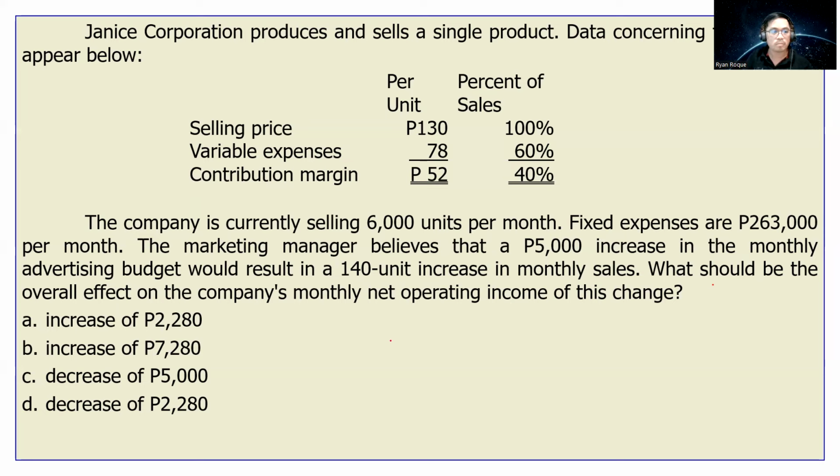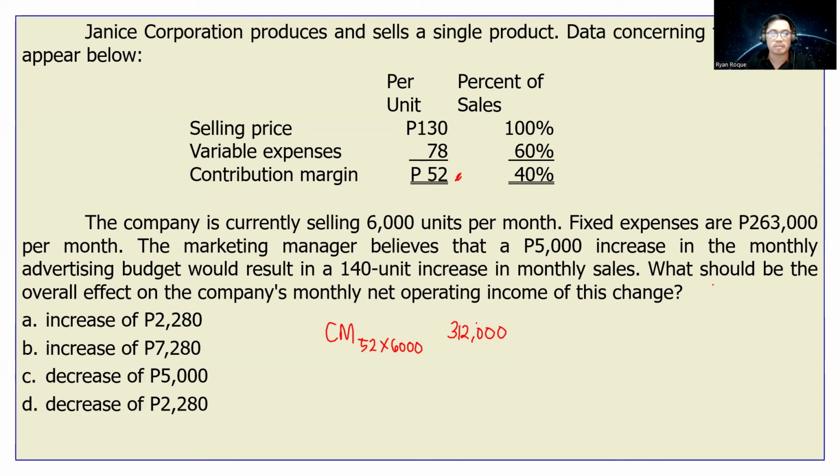So let's begin. So the company is currently selling 6,000 units per month. So we can actually begin here by getting the CM by multiplying the CMU of 52 by 6,000 units. So how much do we get here? It's 312,000. So that's our CM. Okay. You can actually solve directly from CM.